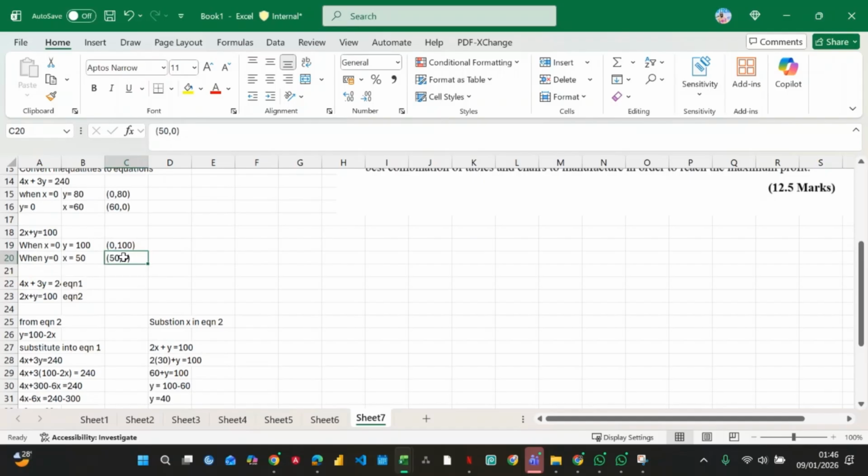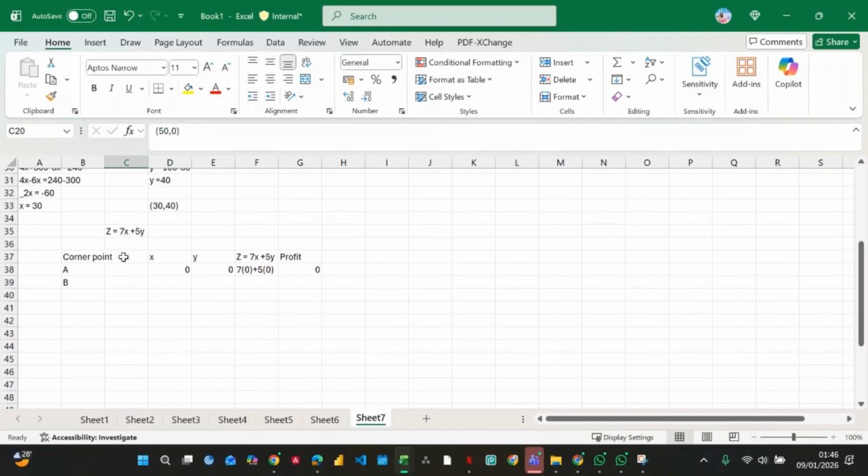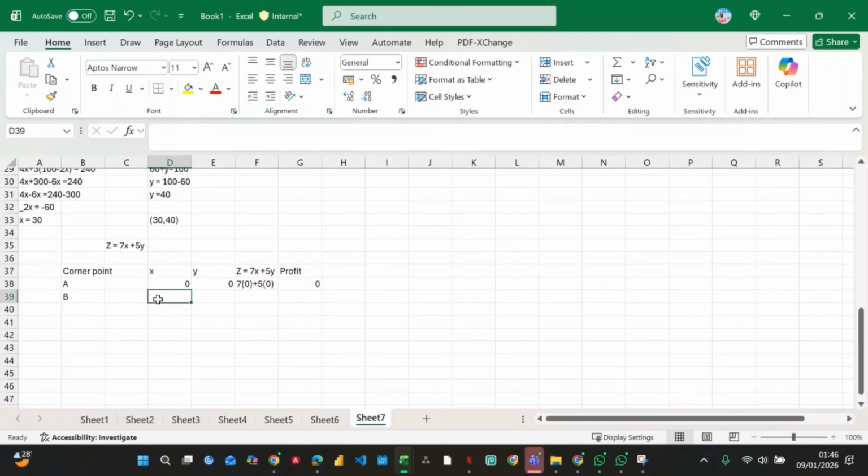We pick x is equal to 50, so we pick 50, we want to pick this guy.